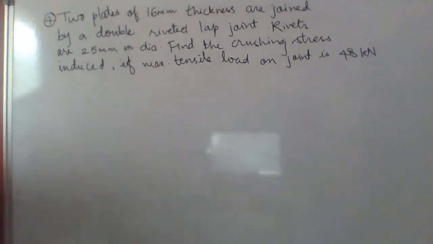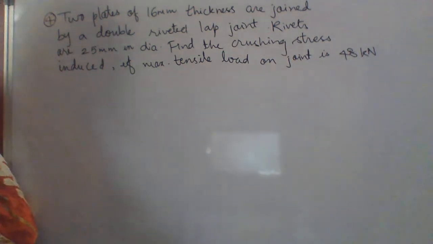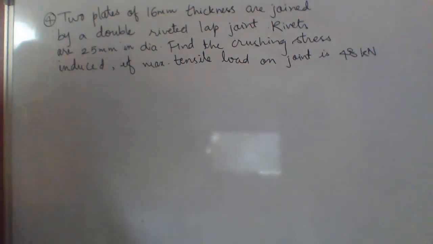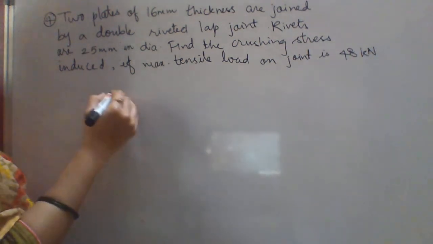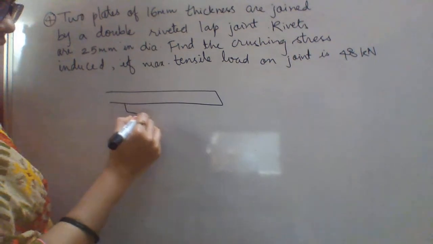So the question is, two plates of 16 millimeter thickness are joined by a double riveted lap joint. Means there are two rivets. Rivets are 25 millimeter in diameter. Find the crushing stress induced if maximum tensile load on joint is 48 kilonewton. I have drawn this diagram various times before, but I have shown only one rivet.